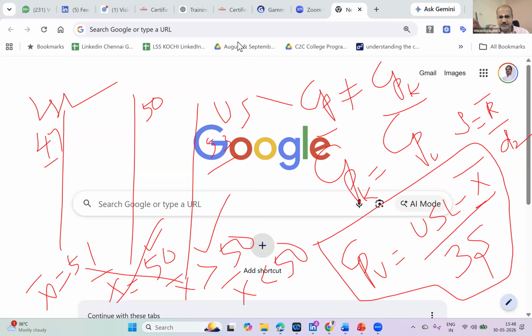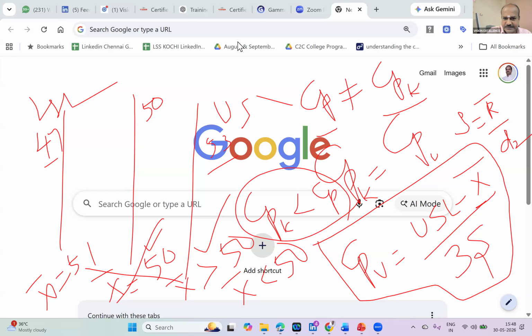The moment a shift happens, CPK will start dropping. So, if you want to specifically write, CPK is smaller than CP. Are you with me, all of you? Whenever there is a shift, your CPK will immediately drop. It can be shifting to the right or it can be shifting to the left.